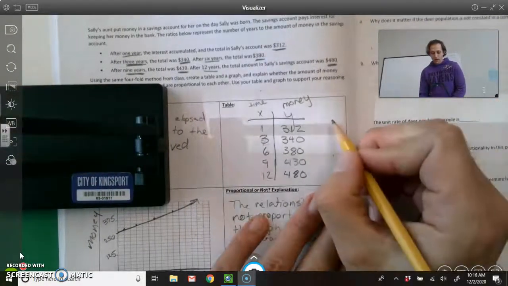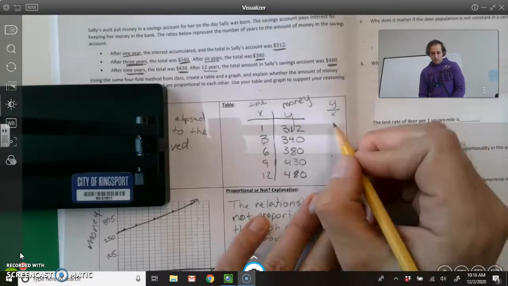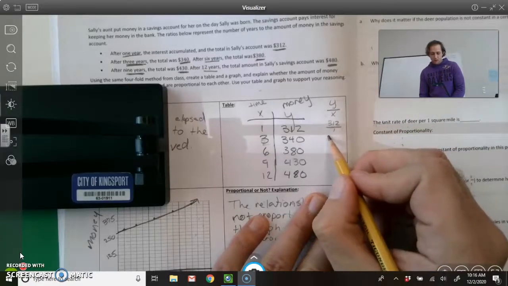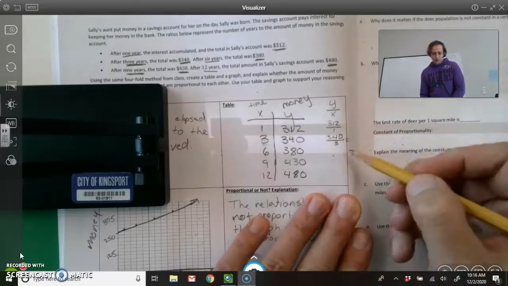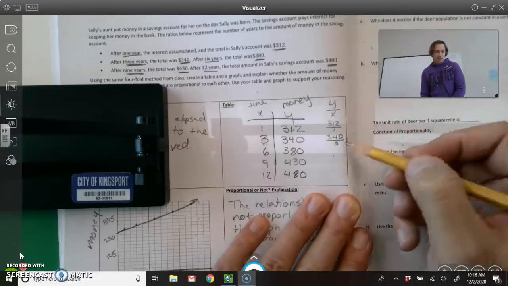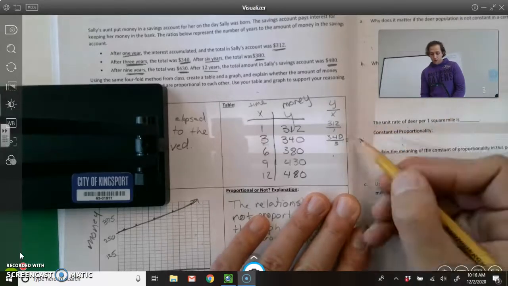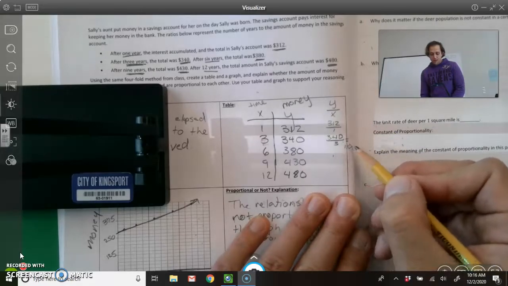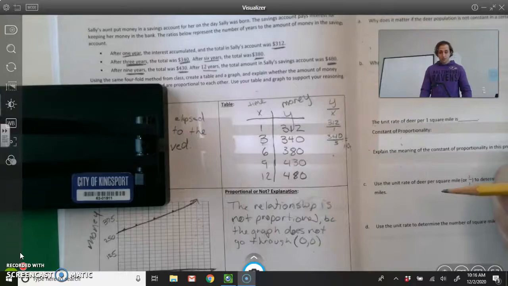Remember, we would have to do y over x to test it. 312 over 1 is 312. 340 over 3 is roughly between 110 and 115. Obviously, that's not going to be the same amount. Those are not proportional amounts.